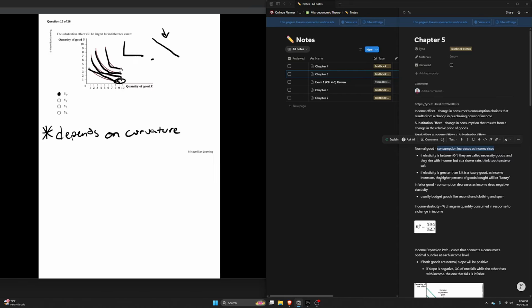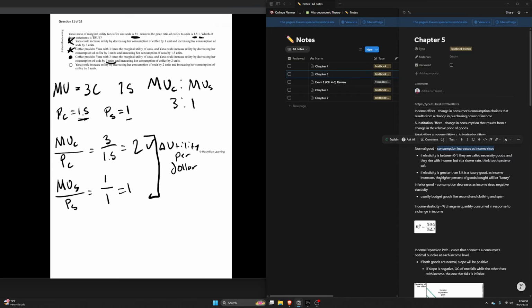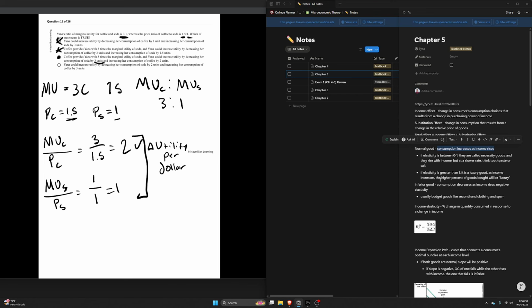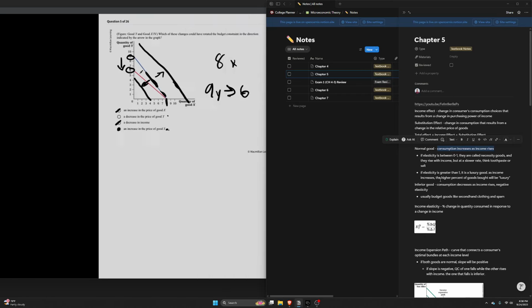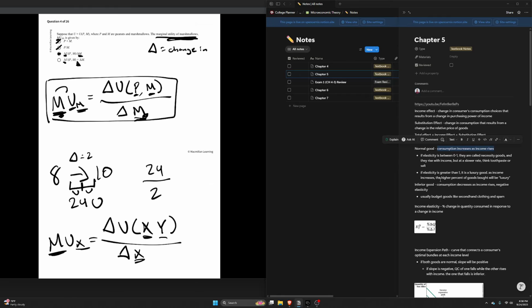And then the other formula, let's see if I can find it. Oh, this one's pretty handy. The marginal utility of X over the price of X. That's kind of helpful. And then the last one, marginal utility.